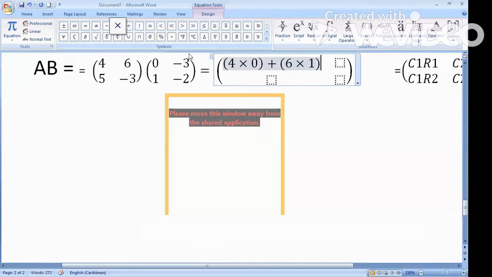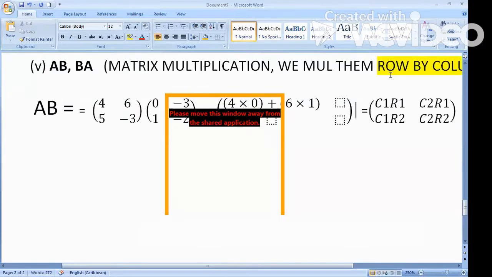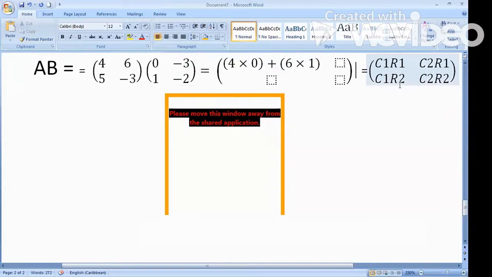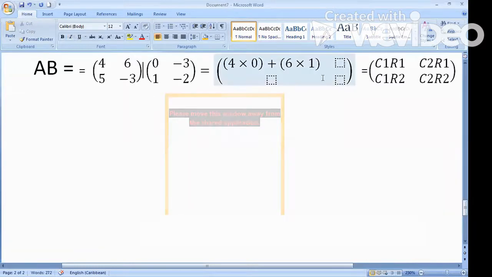Run that again, sir, please. So it's this row, row 1. Row 1 is what? 4, 6. And column 1, which is what? 0, 1. So it's 4 times 0 plus 6 times 1.